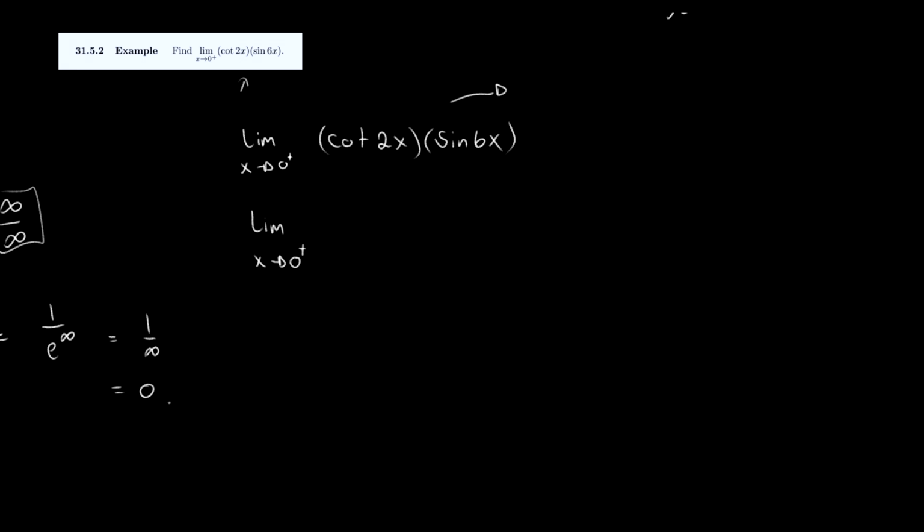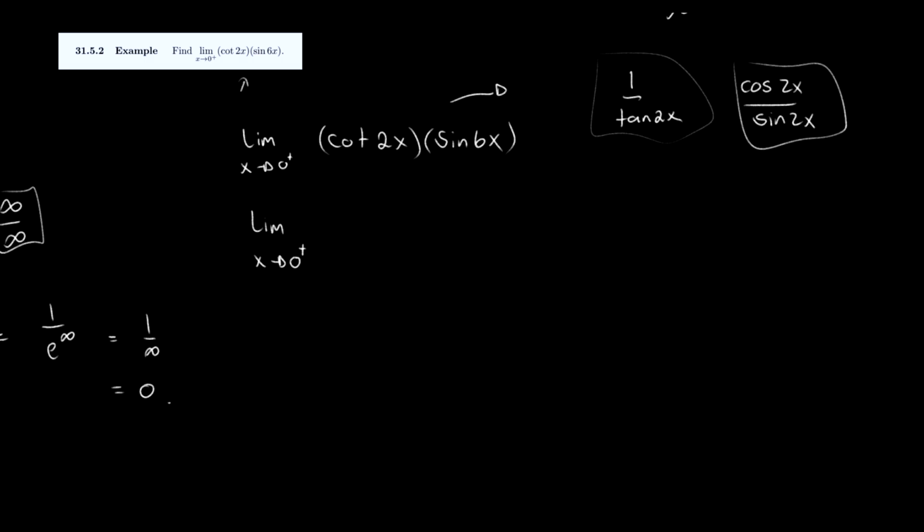We can write cotangent as 1 over tan 2x, or we can write it as cosine 2x over sine 2x. However, I don't think I want to use this one, because the cosine above will be 1 and the sine below will be 0. I guess we can do either. Both are actually fine.